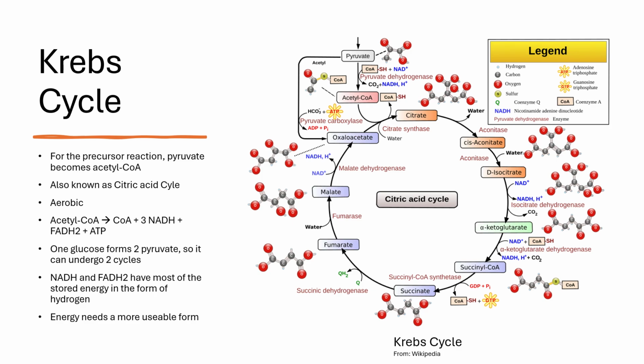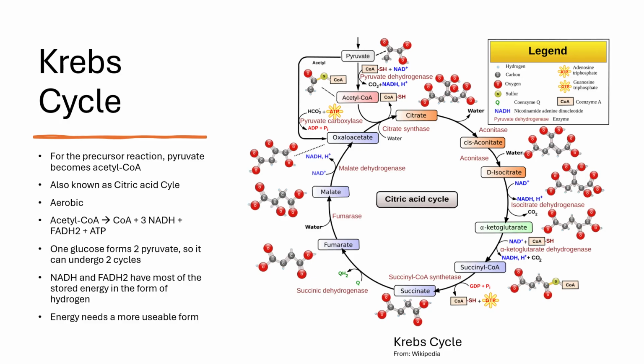And because 1 glucose forms 2 pyruvate, this process can occur 2 times per glucose, so it can undergo 2 cycles per glucose. So the net equation takes acetyl-CoA, and that goes into just CoA, 3 NADH, an FADH2, and an ATP.